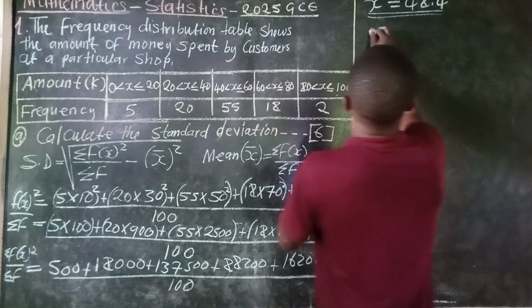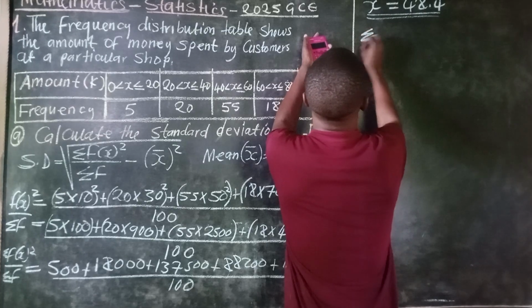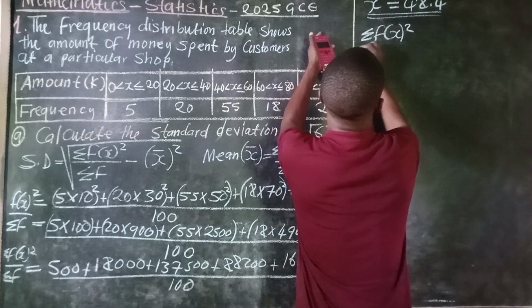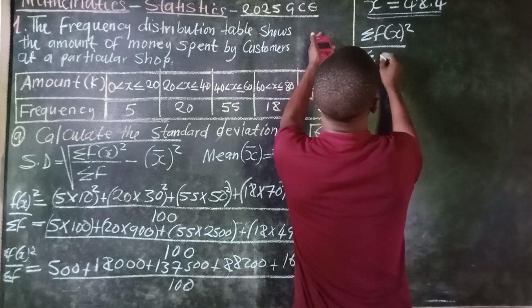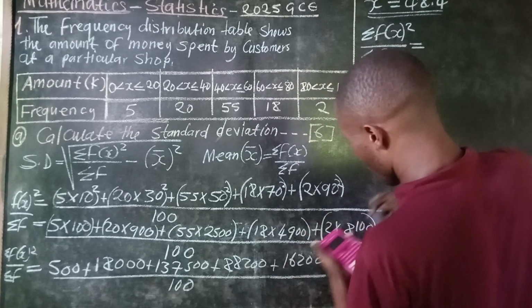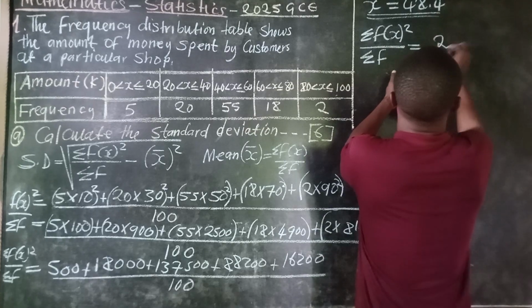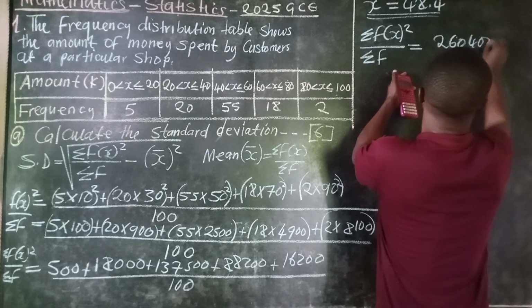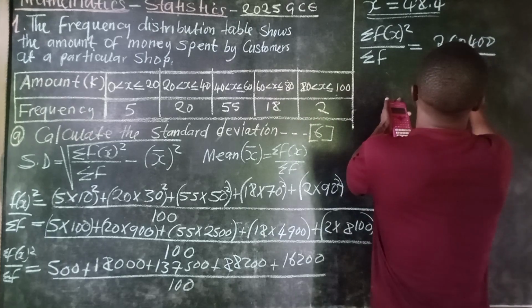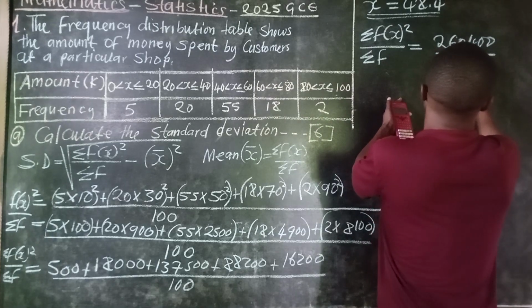That is the numerator. So we are saying summation f of x squared over summation f is equal to 260,400 over the summation, we know the summation is 100.